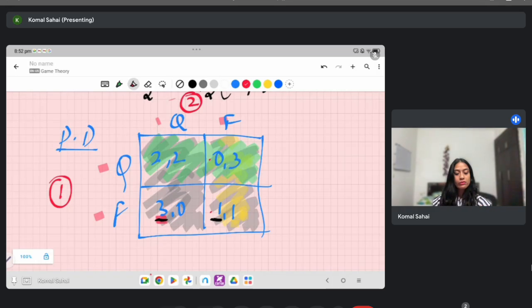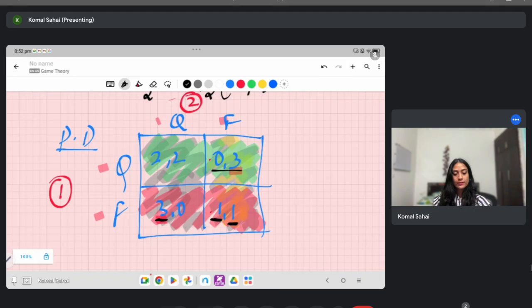So compare 2 with 3, 3. ठीक है, and then now player 2 ने सोचा कि अगर वो quiet रहता है मेरे लिए best है to think, and if player 1 is going to think, right, then the best for me is to compare 0 with 1 is to think again, right? ये दोनों sorry, these two are the best responses of player 2 to different actions of player 1.